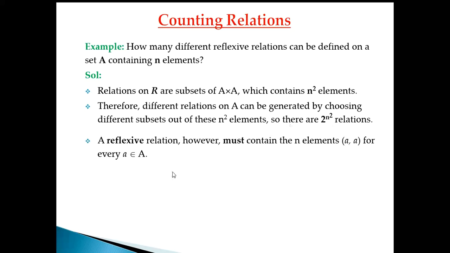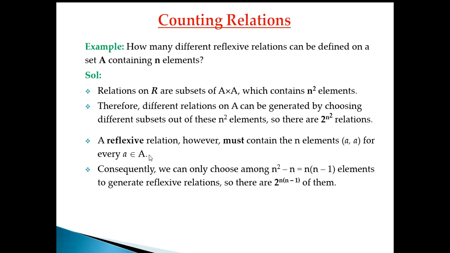So now come to the reflexive relation. A reflexive relation, we know, must contain the ordered pair (a, a) for every a belonging to A. So we can choose only among n square minus n elements to generate reflexive relations.